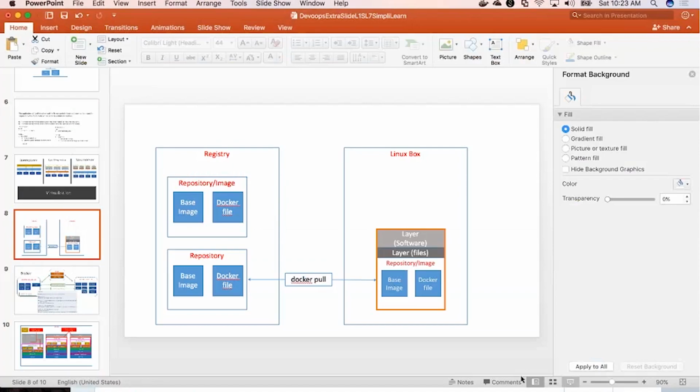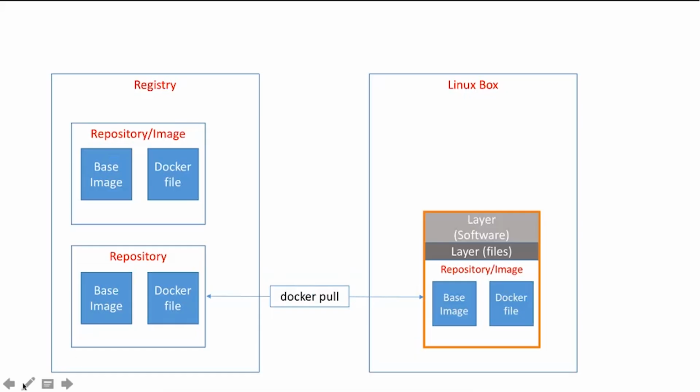Now, after you pulled the base image over to your local repo, here you have it in your local repo. Then what you can do is begin to build what they call layers on top of this repo. And these layers can be a bunch of things.